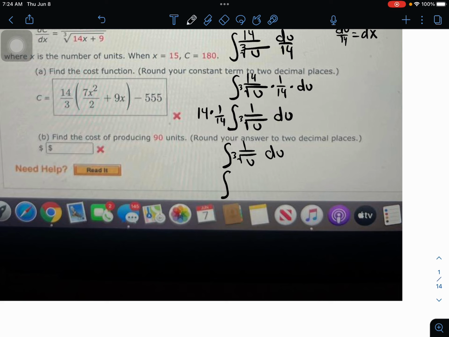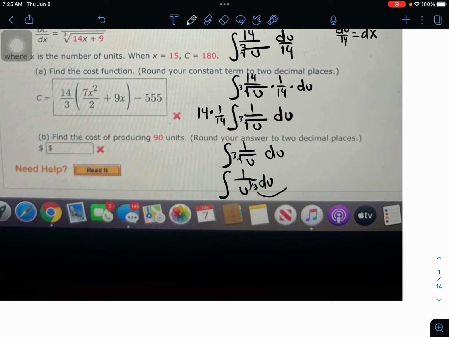It's going to be the integral of 1 divided by. This right here is the cube root of u. If you take the cube root of a number, it's the same as taking that number, u, and raising it to the power of 1/3. If you raise something to the power of 1/3, it's equivalent to taking the cube root of it. So that's actually 1 divided by u to the 1/3 du.